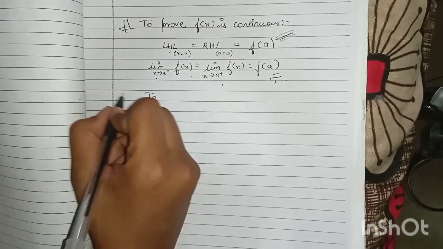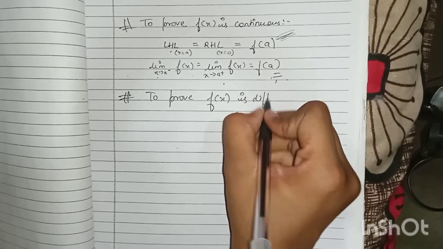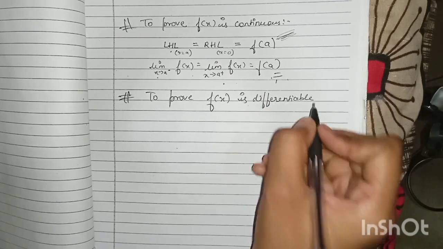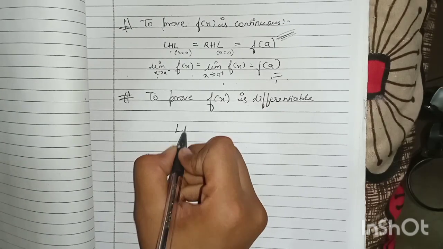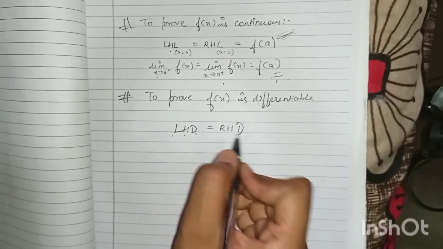Now to prove f of x is differentiable, we need to prove that LHD is equal to RHD. Left hand derivative is equal to right hand derivative.